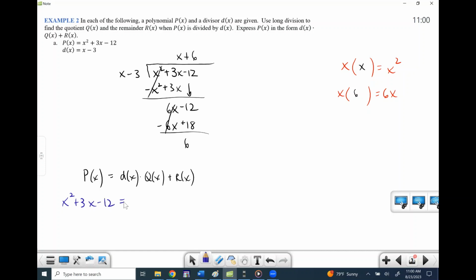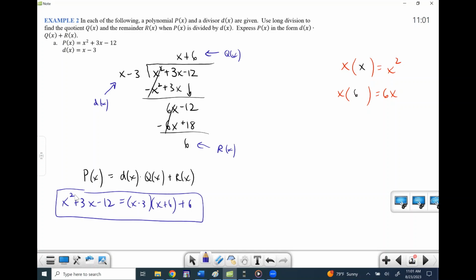The divisor, the d of x, is that, which you can see in the directions, right? So it's going to be x minus 3. And then we have to multiply that by the quotient. Well, remember, the quotient is the answer. So we're going to multiply it by x plus 6. And then you have to add in the remainder, which we know is down here at the bottom, right? Oops, I just wrote r of x. How about writing, what is that, a 6? Okay.